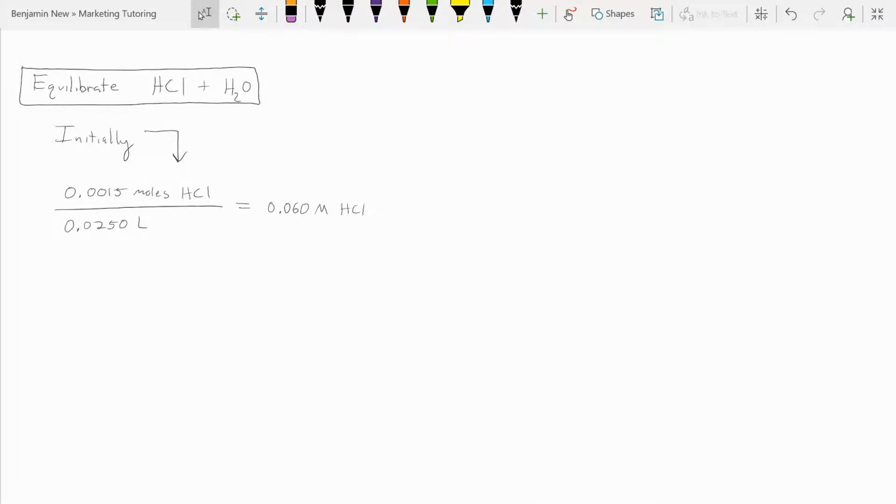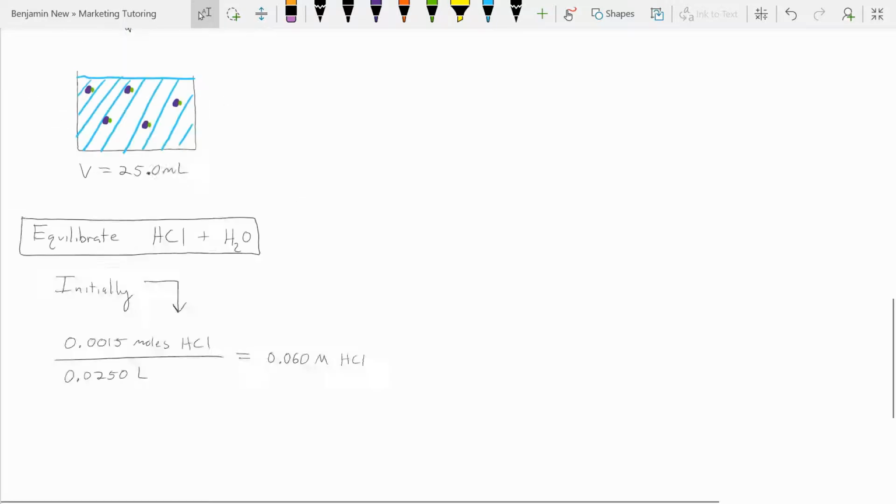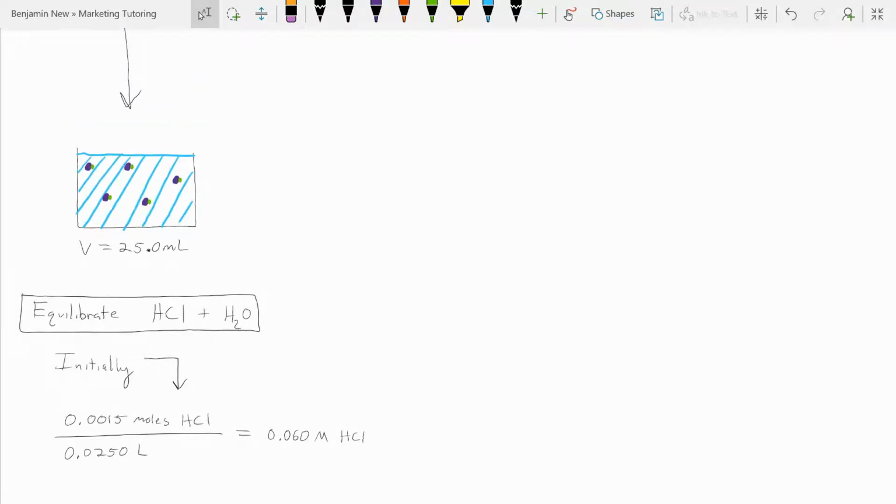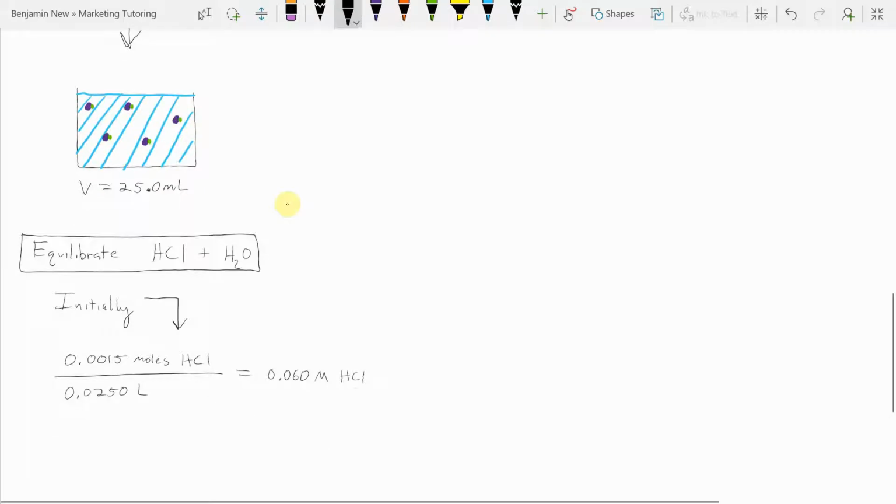Okay. All right. So now that we have the molarity of HCl at the very beginning, we can consider what's going on. So in the solution, we have HCl to begin with. We know the concentration at the start.